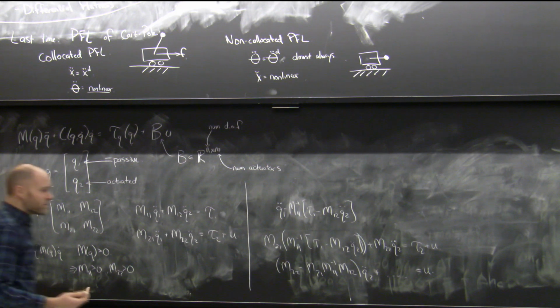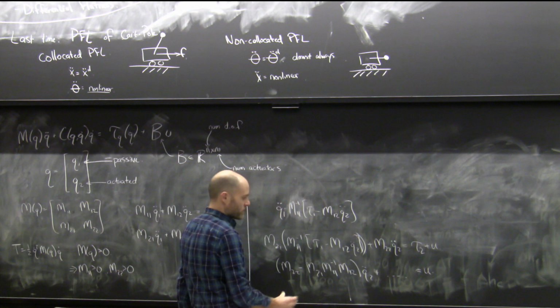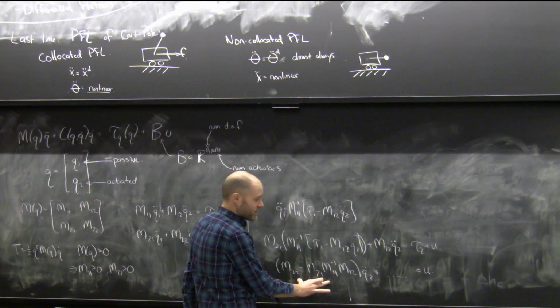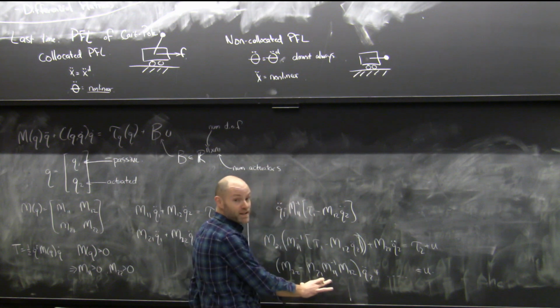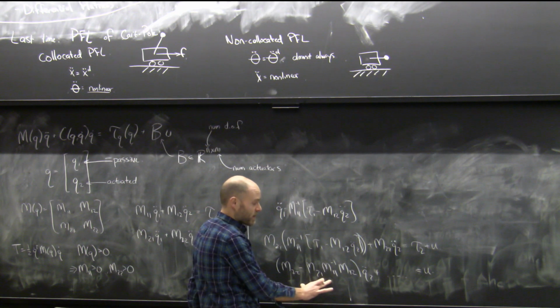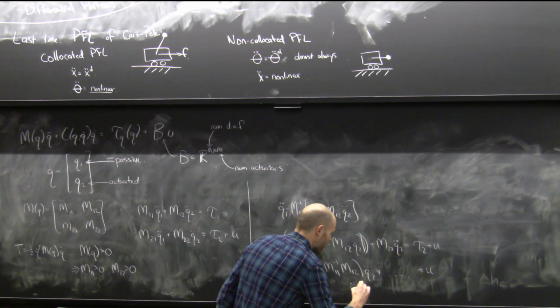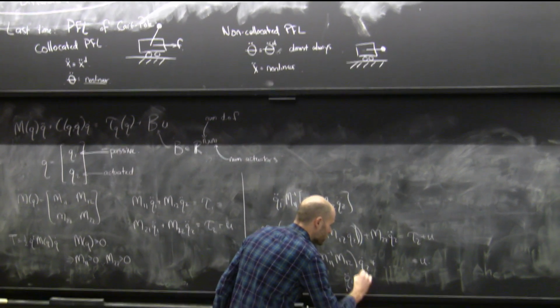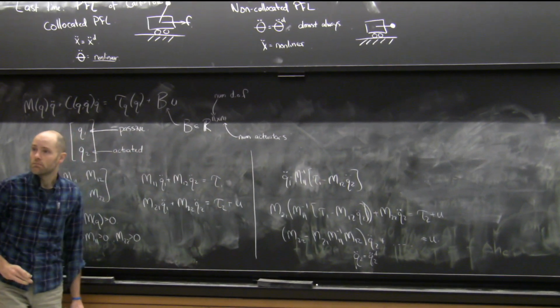Which means that I can easily now write a controller which just does this. You subtract away this, multiply by this, and because this is positive definite, that implies that Q2 double dot equals Q2 double dot desired, right?